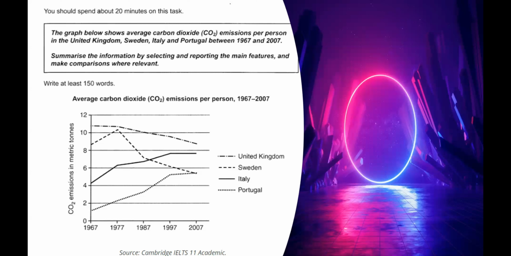May I give an example for you? Yes. Okay. The line graph displays average carbon dioxide emissions per capita of 4 countries in a 40-year period.